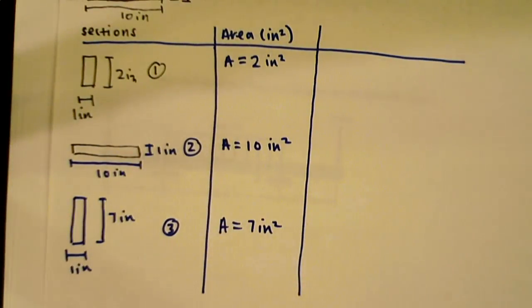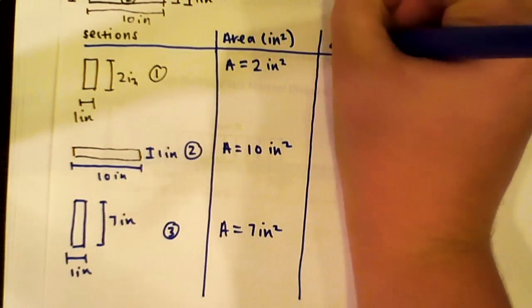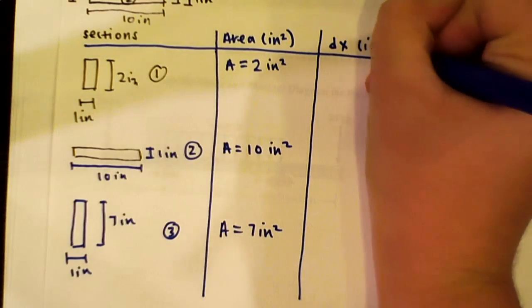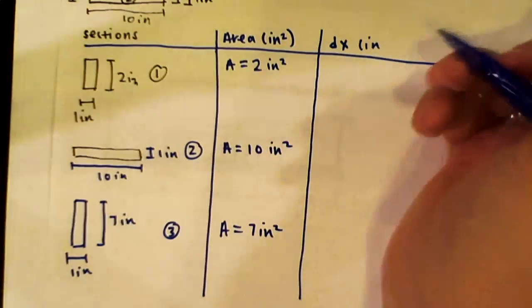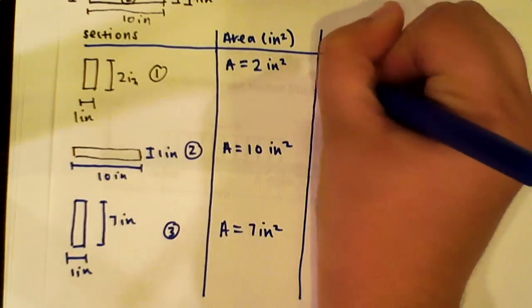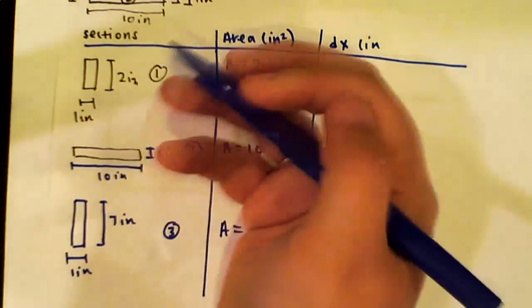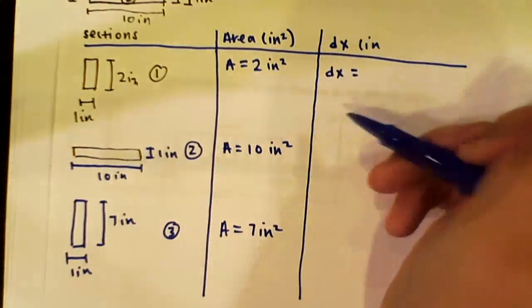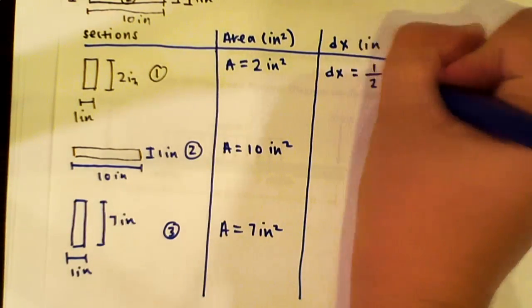Okay, so now we have to find our dx. And our dx is the distance of the centroid to the y-axis. So for a rectangle, we know it is going to be whatever our distance is divided by 2. So for the case of number 1, it's just going to be 1 divided by 2, or 0.5.